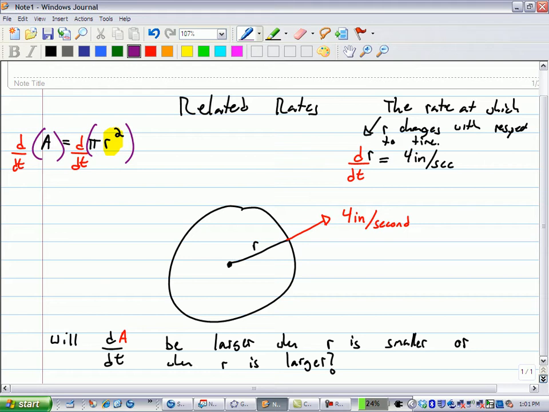Anybody know what the derivative of pi r squared is with respect to time? Good. You're getting this 2 pi r. Good. Times r prime. Another way to write r prime is dr/dt. Now, how did you know that r prime should show up?